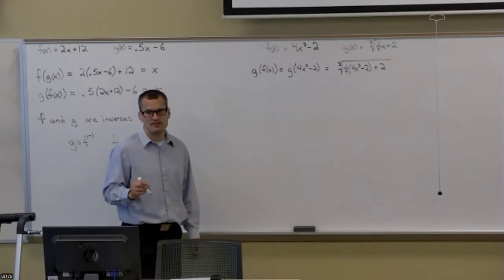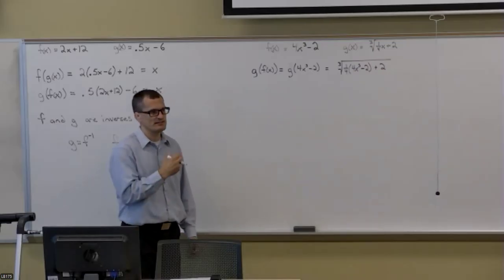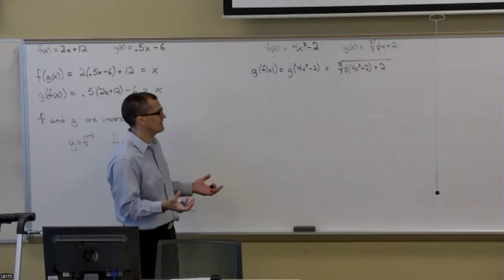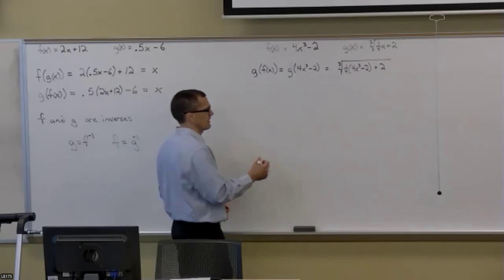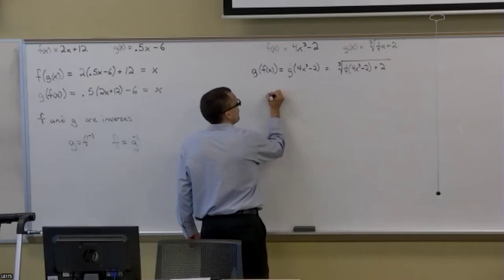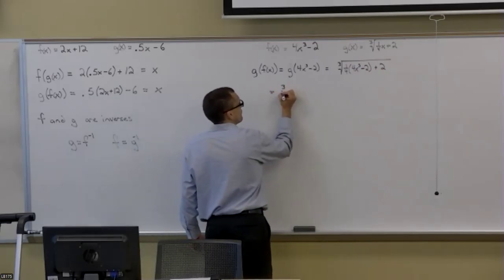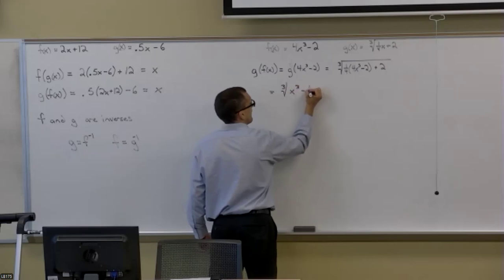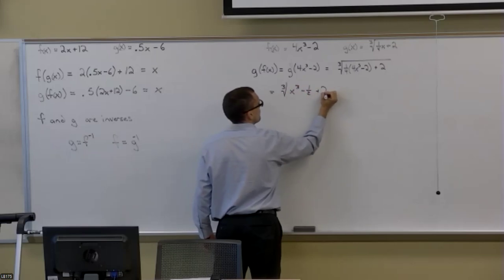So be careful about that. You get really excited and forget that you're plugging in the entirety of 4x to the third minus 2, rather than just plugging in 4x to the third and then subtracting 2. What you end up with is a cube root of x to the third minus a half plus 2 when I distribute.